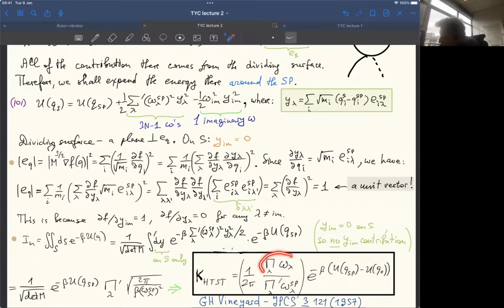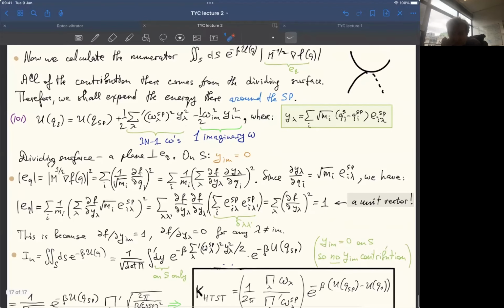In the numerator, we have a product of all vibrational frequencies at the minimum of the reactant basin. In the denominator, we have all the vibrational frequencies at the saddle point here, but 1. So all frequencies, but 1. The one which is imaginary and corresponds to the actual transition is not here. You can assume, for instance, that at that point only 1 frequency changes.